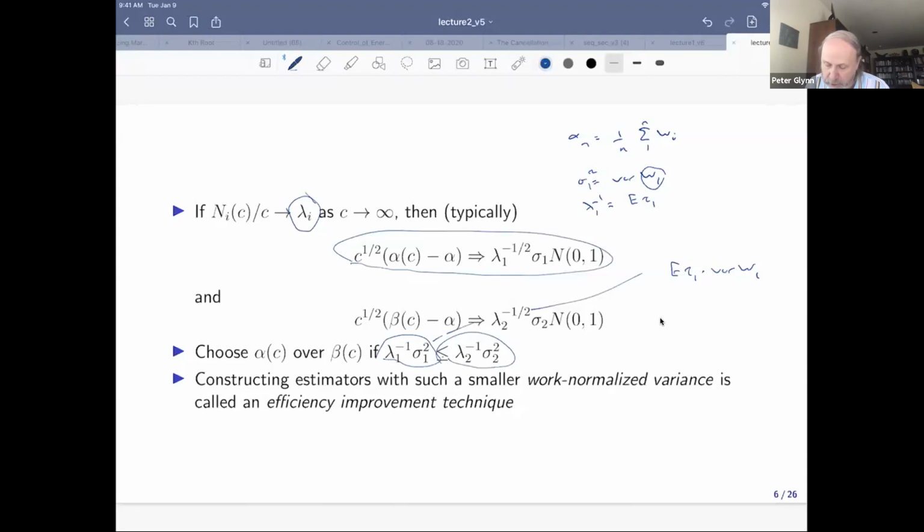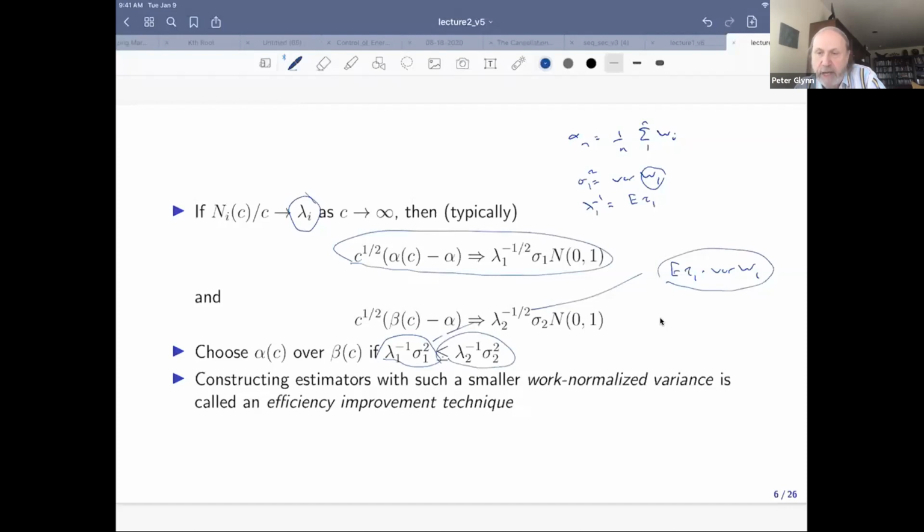And then you would choose the algorithm that has the smallest product. So you can see from this analysis that when you look at a work normalized analysis as we have here, you don't necessarily want to go for the smaller variance estimator. You want to look at the product.